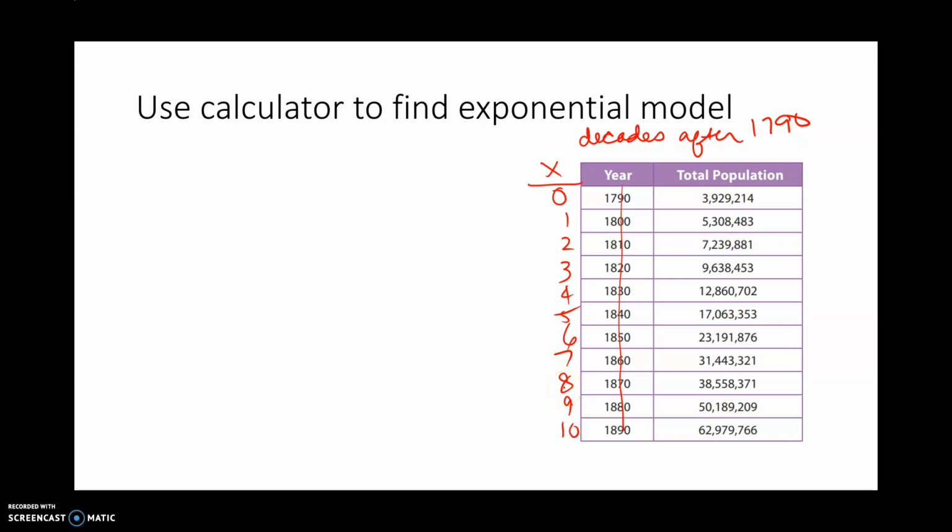Should be similar. So I'm going to look at my data that I've put in and make sure that's what I got. Stat under edit. Okay, 0, 1, 2, 3, 4, 5, 6, 7, 8, 9, and 10, right?